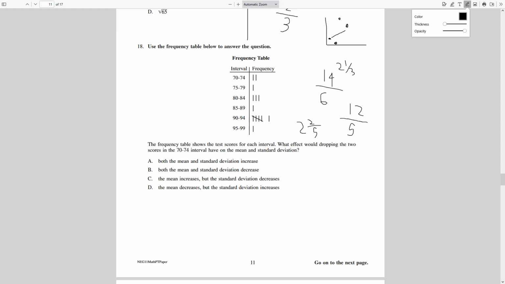Well, 2/6 is equal to a third. So yes, the mean increases. 2/5 is bigger than 1/3. Wait. Wait.